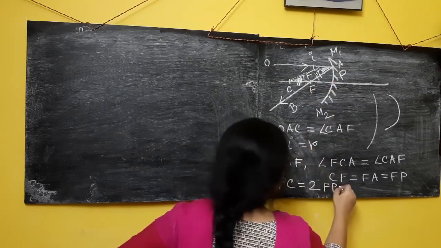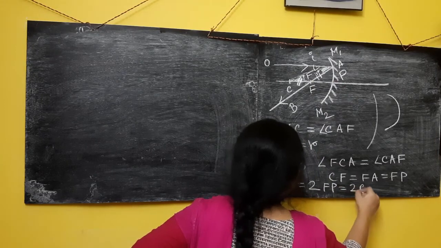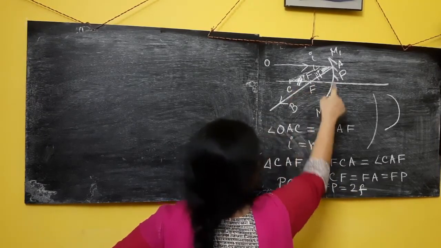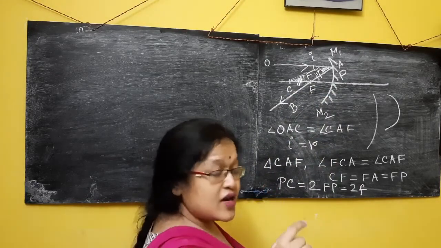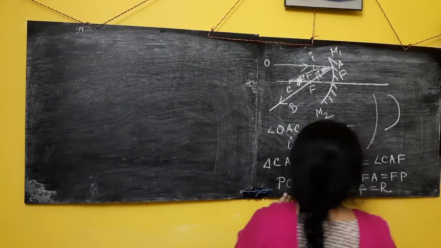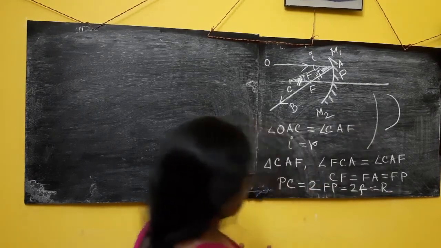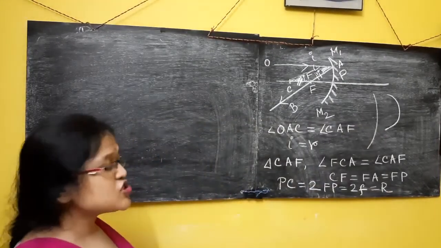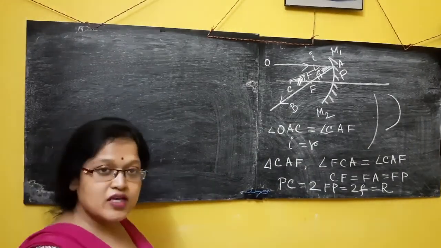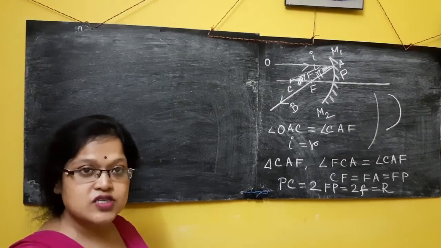The focal length. So twice of F, and PC is what? PC equals the radius of curvature. So 2F equals R. Clear? So I am proving here that the radius of curvature is twice the focal length. Done? In my next video I will continue the revision class. Thank you.